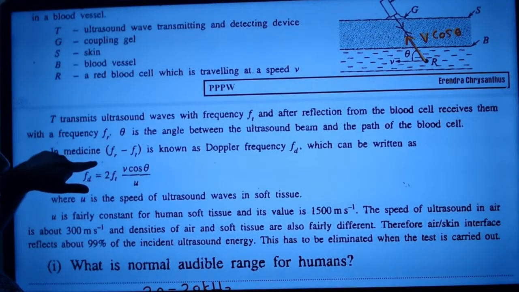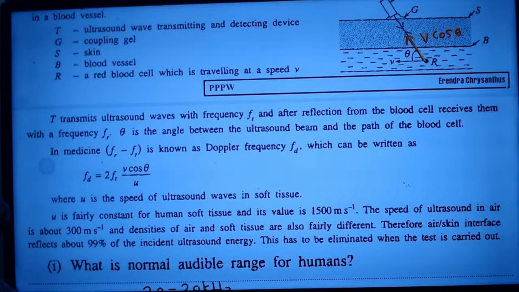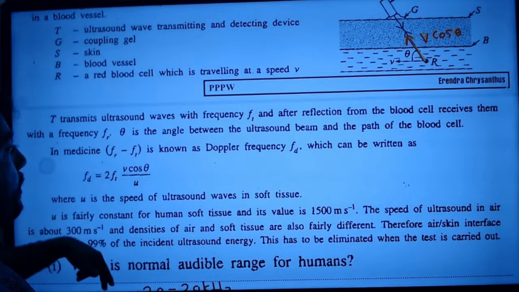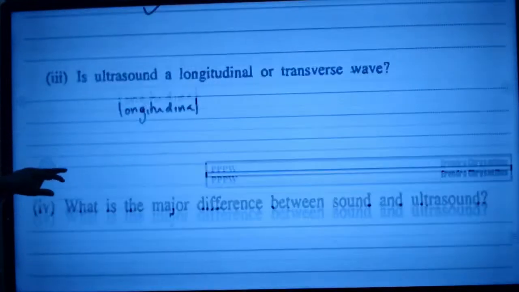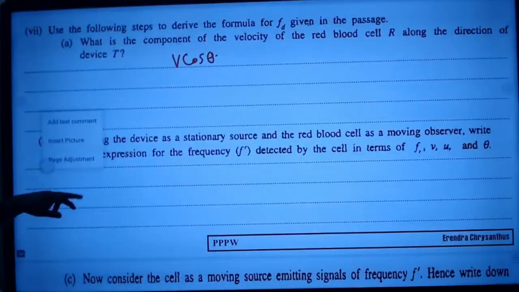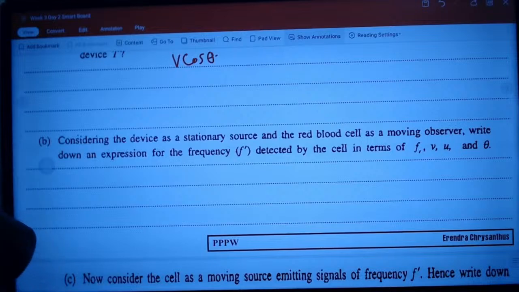The device transmits and receives FR. The difference between transmitted and received is called Doppler FD. Okay. Consider the device as a stationary source and the red blood cell as a moving observer.